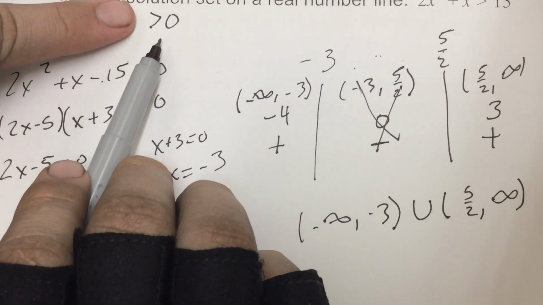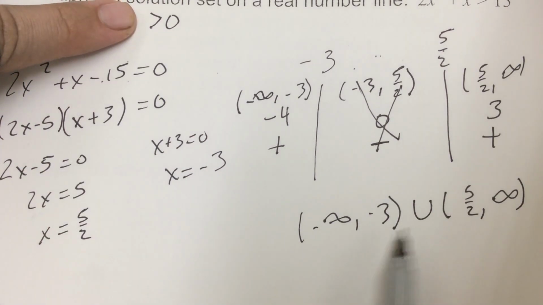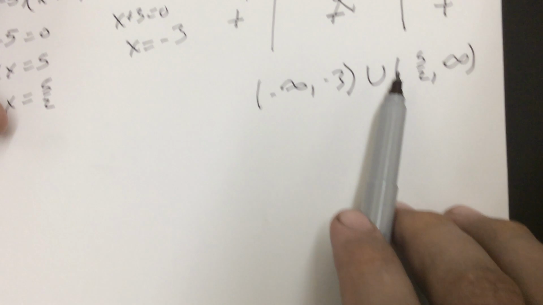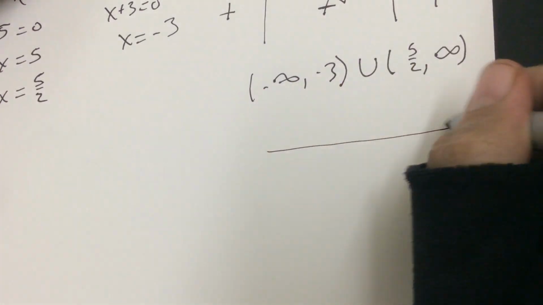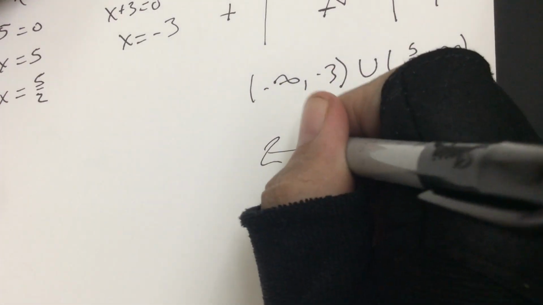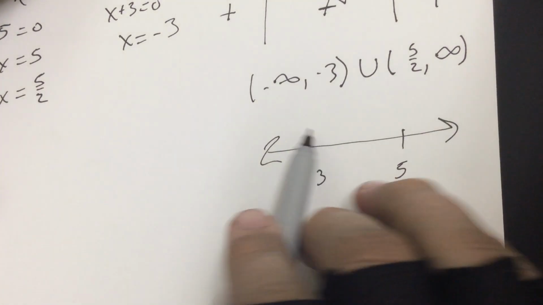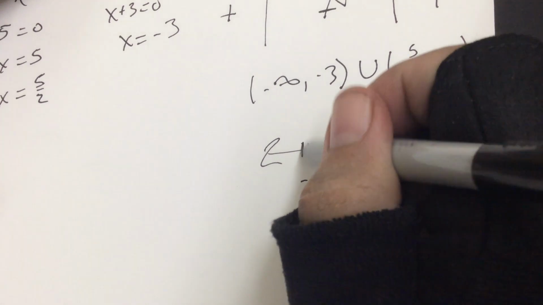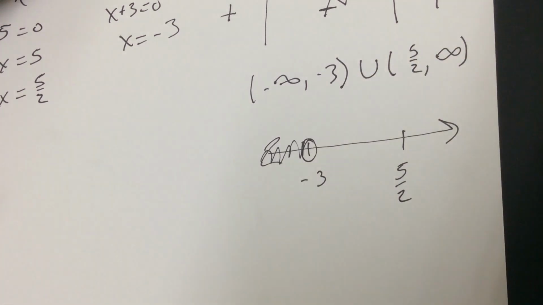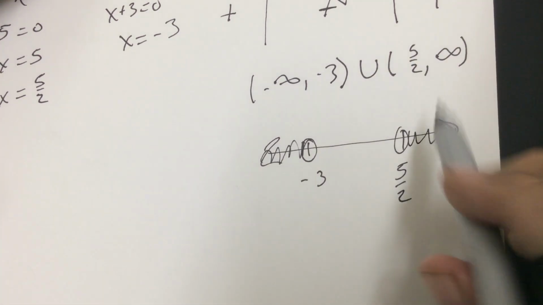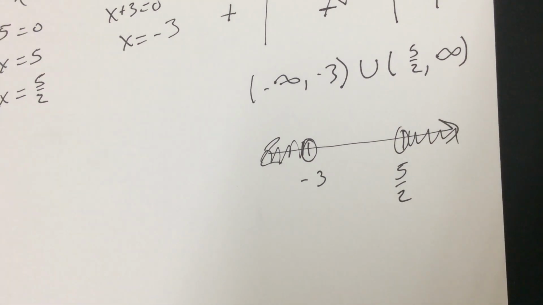Since it's just greater than, we don't need the brackets; we don't have the equal to part. So when we graph this, we'll use open circles, with a spot at negative 3 and a spot at 5/2. From negative infinity to negative 3, we shade this way with an open circle, and open circle shading this way because we're 5/2 to infinity. So we're bigger than that, less than that.